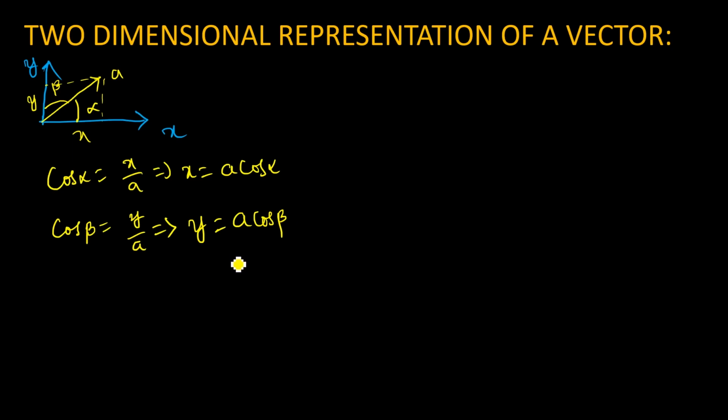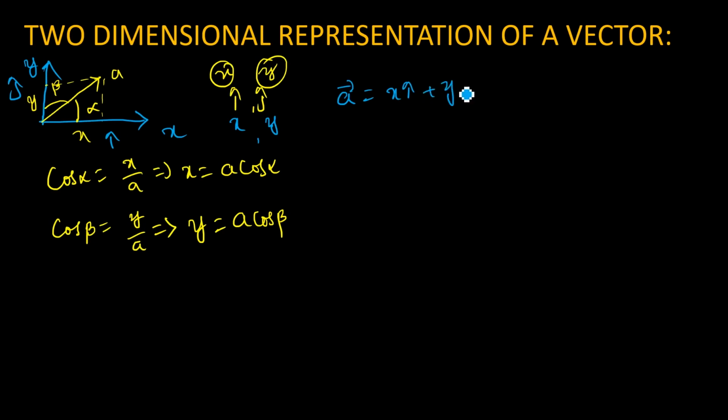Normally we know i cap and j cap are the unit vectors along the x-axis and y-axis. i cap is the unit vector along the x-axis, j cap is the unit vector along the y-axis. So we can take A bar equal to x i cap plus y j cap.